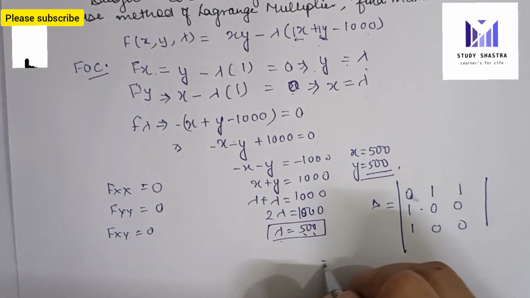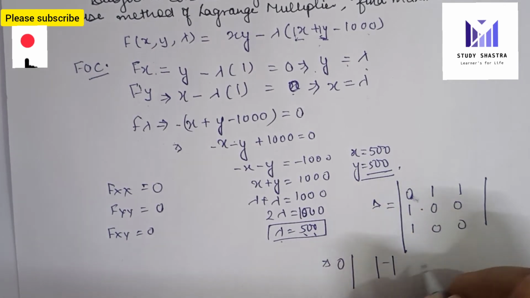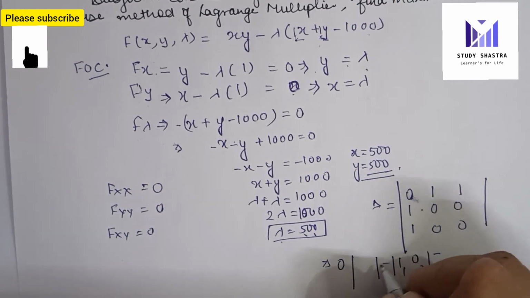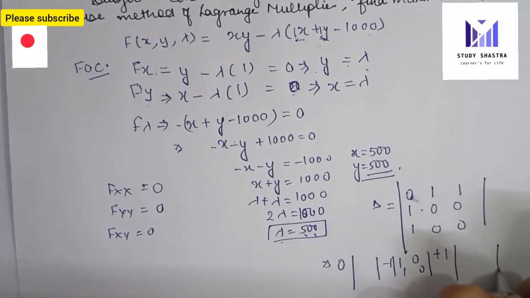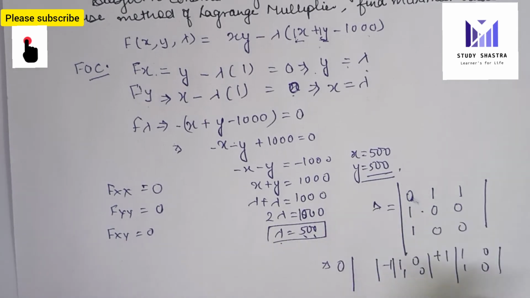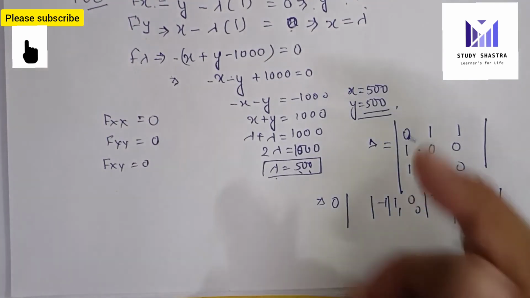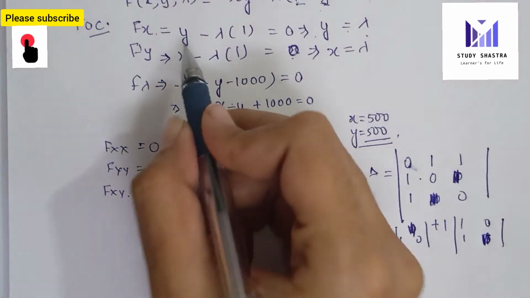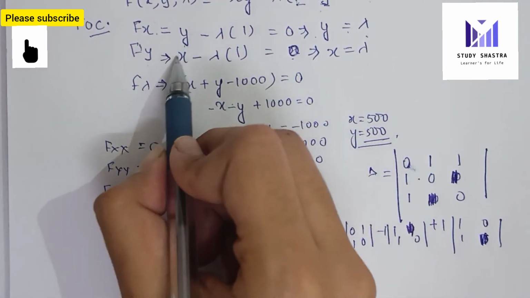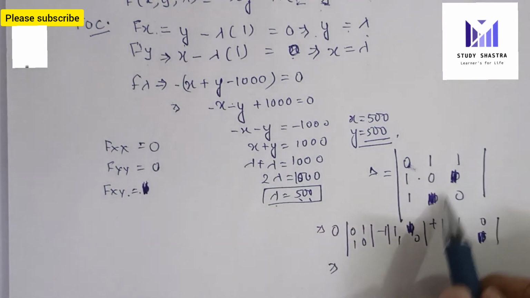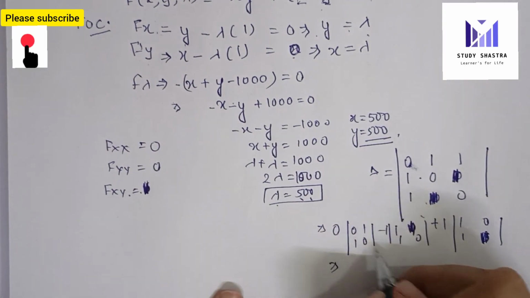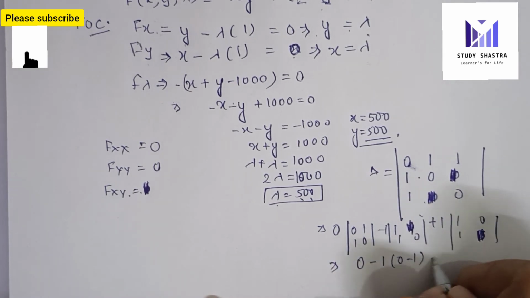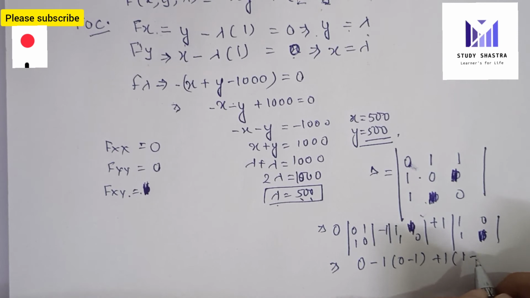Finding this determinant, we get 0 minus 1 into (1 0, 1 0) plus 1 into (1 0, 1 0). As Fxy is 1, since differentiating Fx with respect to y gives 1, we got this value. This part will be 0, then minus 1, and plus 1 into (1 minus 0).